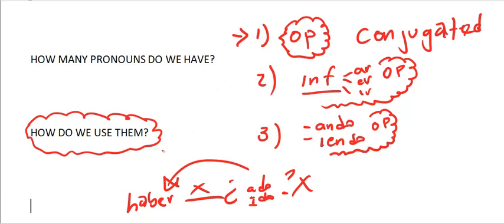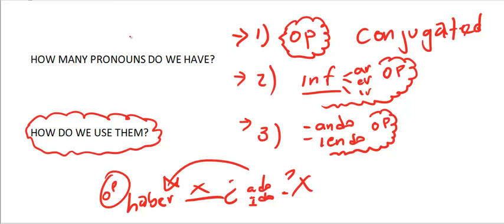Go with the conjugation of haber and put the object pronoun in front of that. See? But not here or not here. Okay? So that's how it works. You have to memorize the three placement rules, and more important than memorizing them, to apply them, to practice them and apply them always.